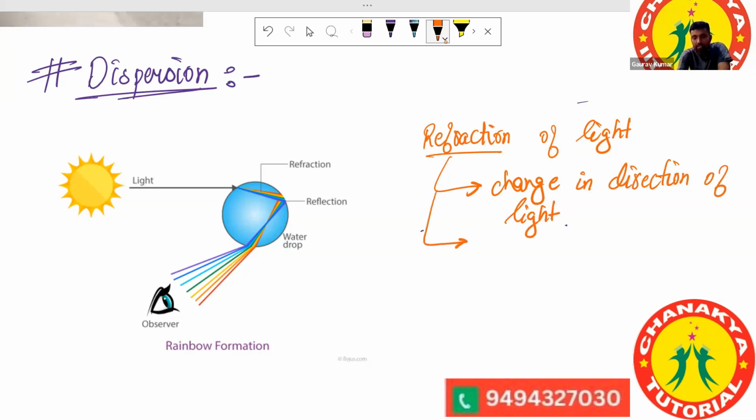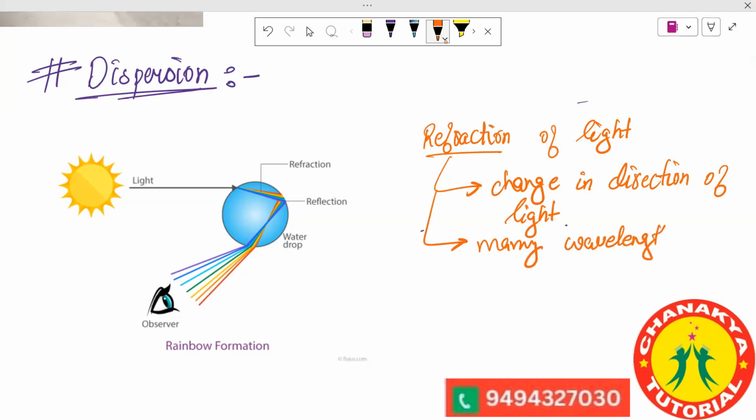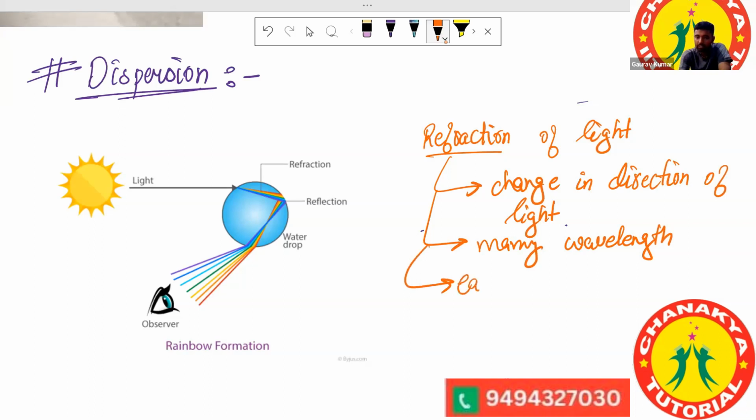Since this light is made up of many wavelengths, each different color has a different wavelength, sir. Yes, each color has its own unique wavelength.